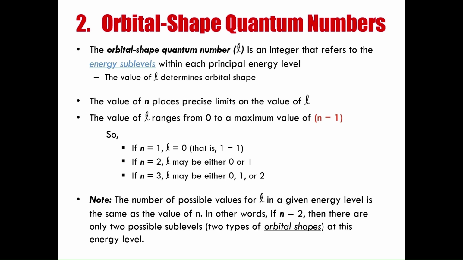So please note that the number of possible values for L for any given energy level is always the same as the number for N. So if I have energy level 5, I could potentially have 5 different kinds of orbital shapes. That's why energy level 2 has 2 types of L's, 0 and 1. Energy level 3 has 3 types of L's, 0, 1, and 2.